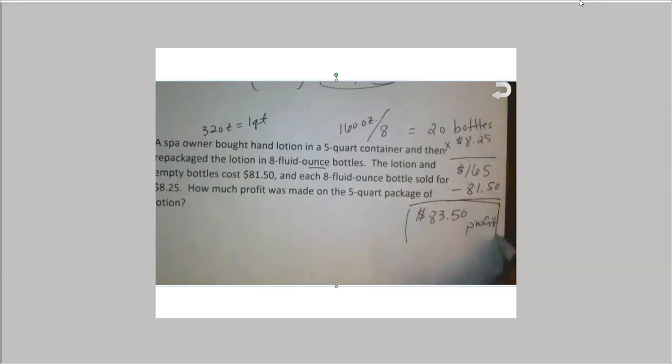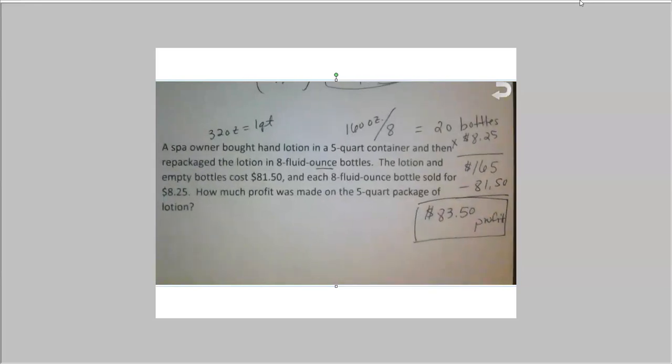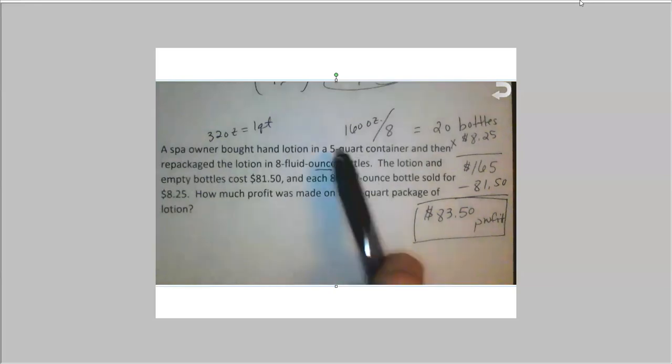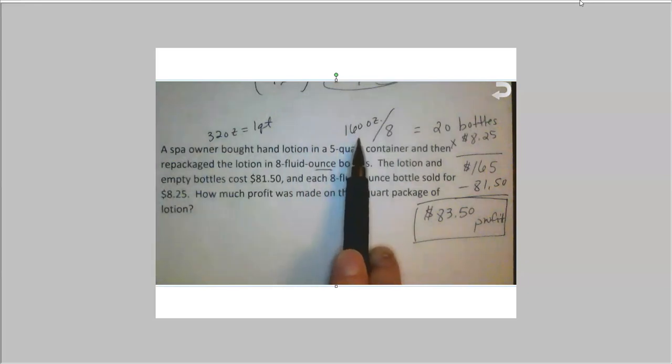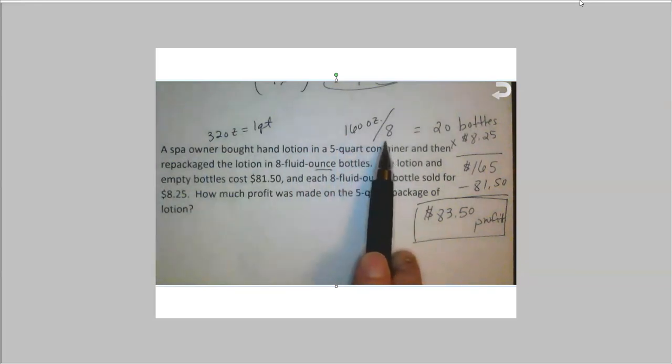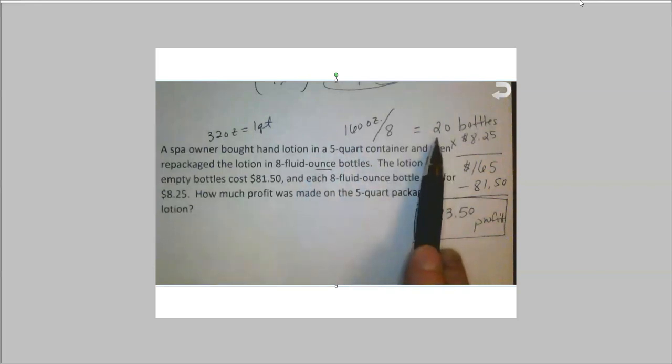I'm pretty certain you're going to see a question like that this week. We did like 4 steps to this one problem. So you've got to really understand what's given to you. How do I carefully move from one part of that problem to the next to get to that final answer? 5 quarts is the same as 160 ounces. Divide that into 8 fluid ounce bottles, gives me 20 bottles.